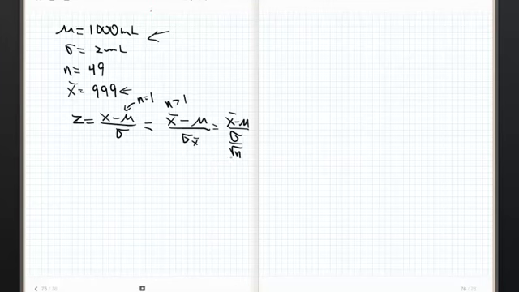Now, why do we get to do that? Why do we get to call this, which is very different from this, equal to z? Well, because the means of sampling distributions are a normally distributed variable. And the central limit theorem tells me that the only thing that really changes is this standard error of the mean, and we can account for it by this formula.